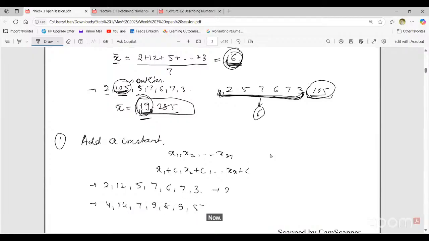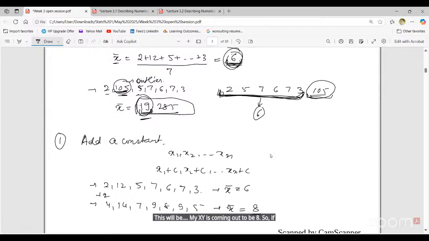Now, in the previous data my mean was 6. Now calculate the new mean: adding all these values divided by the number of samples, it comes out to be 8.